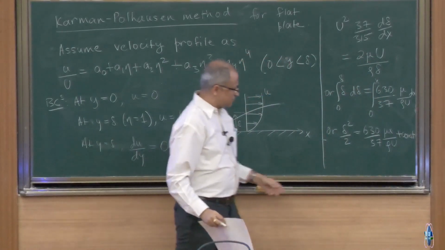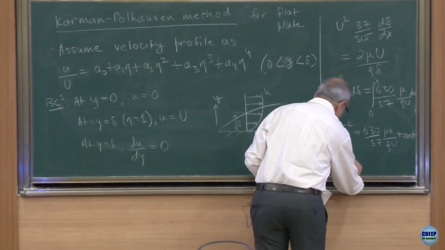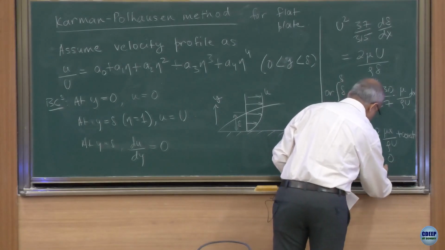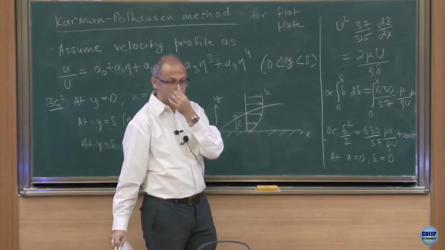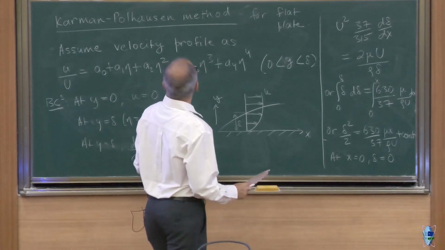You can evaluate this constant by saying that at x is equal to 0, your delta is equal to 0, which means that the constant is equal to 0.